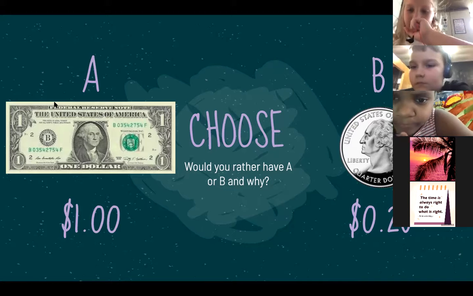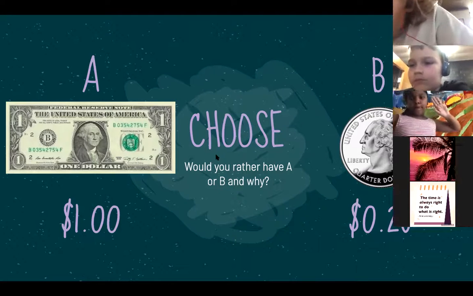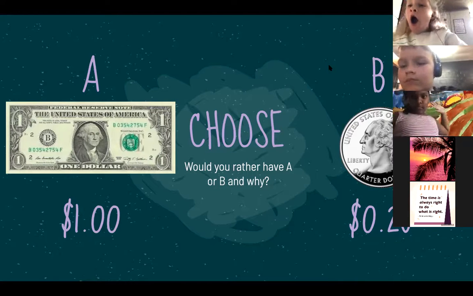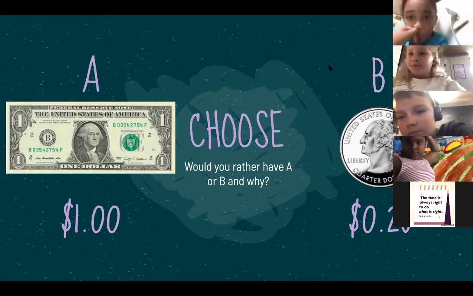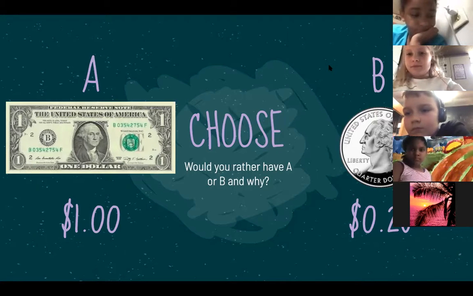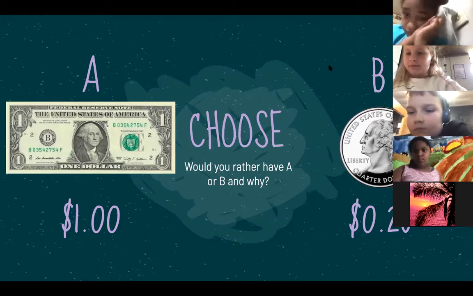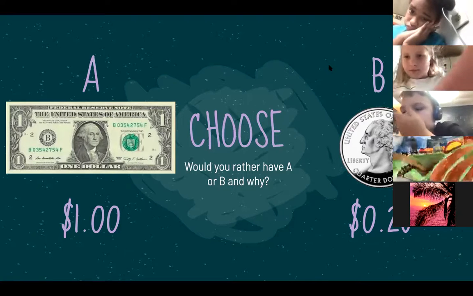Do I have anybody that wants to add on to what Nellie was saying? Okay, Jamari, talk to me. What else would you like to add to help me better understand how 25 is not more than 1 in this situation? They didn't say $25. They said 25 cents. Oh.